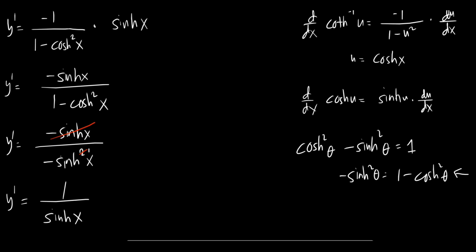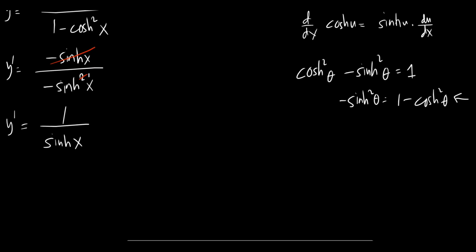Take note that 1 all over hyperbolic sine theta is equal to hyperbolic cosecant theta. So we have y prime is equal to hyperbolic cosecant of x. This will now be our final answer.